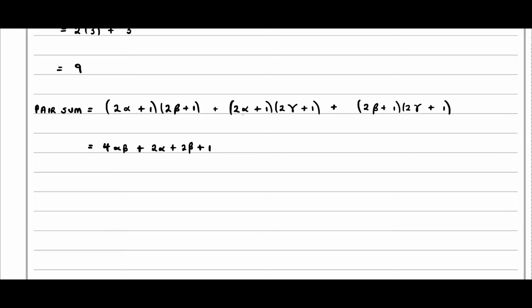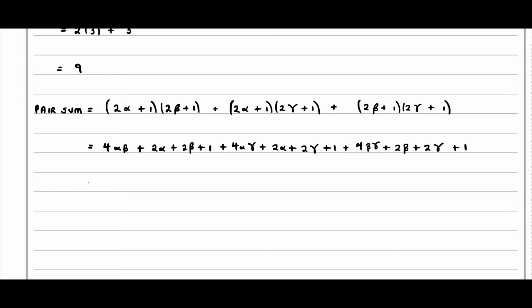2 alpha times 2 gamma, that's 4 alpha gamma. 2 alpha times by 1, that's 2 alpha. 1 times by 2 gamma, that's 2 gamma. 1 times by 1, that's 1. 2 beta times by 2 gamma, that's 4 beta gamma. 2 beta times by 1, that's 2 beta. 1 times by 2 gamma, that's 2 gamma. 1 times by 1, that's 1.